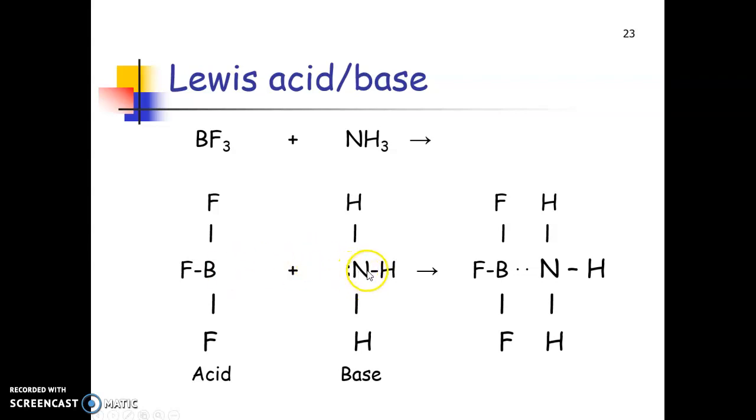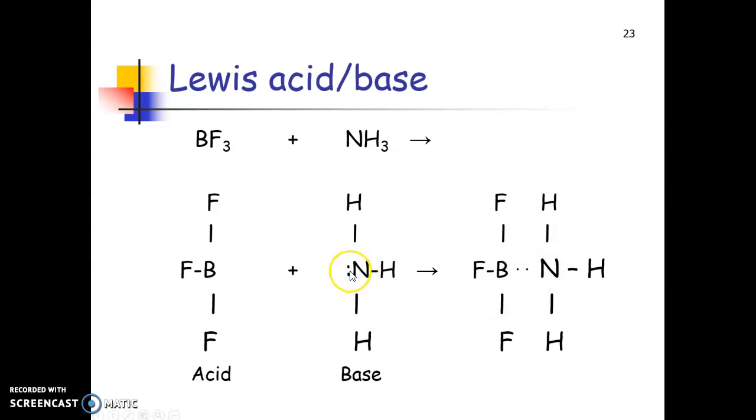And then here's ammonia with this lone pair of electrons just sticking out there. And so what these will do, if you combine them with each other, is they will bond and form a single bond between the nitrogen and the boron. And so what happened here is the Lewis definition of acids and bases. So the base was the electron pair donor.